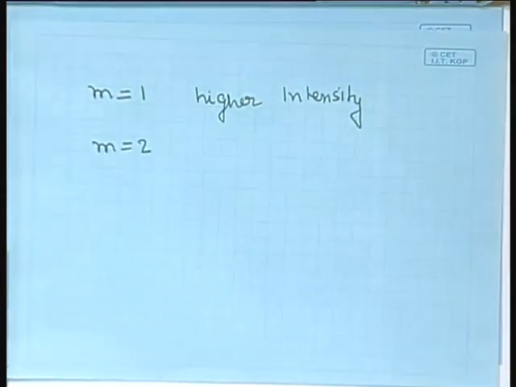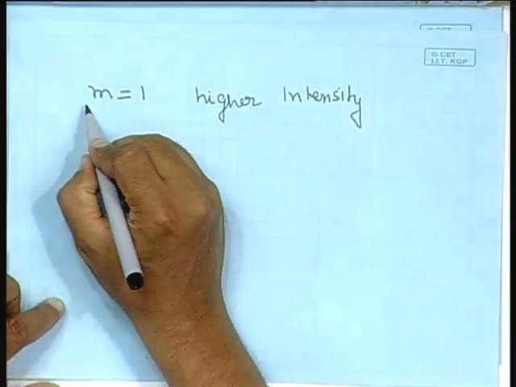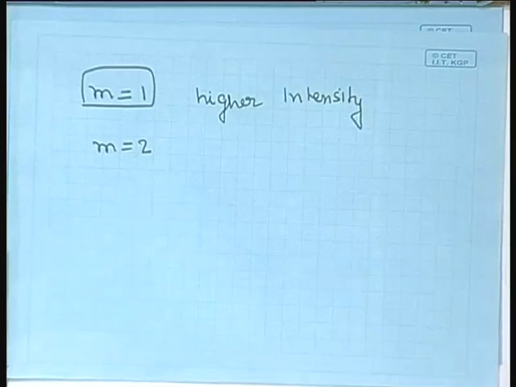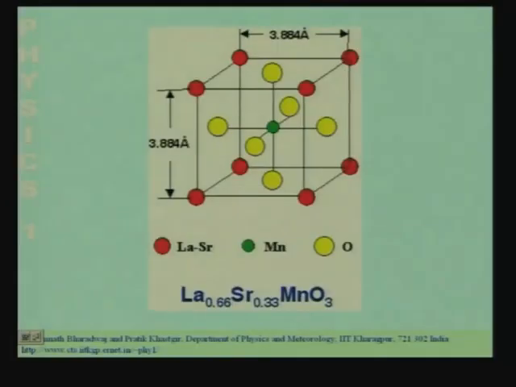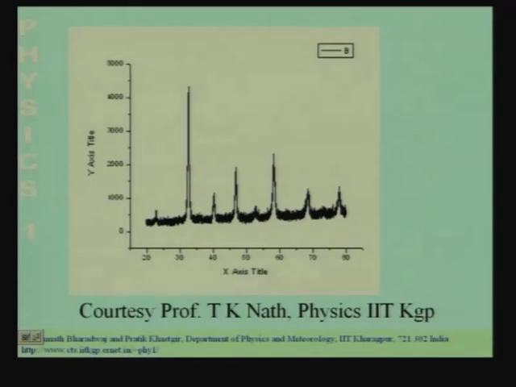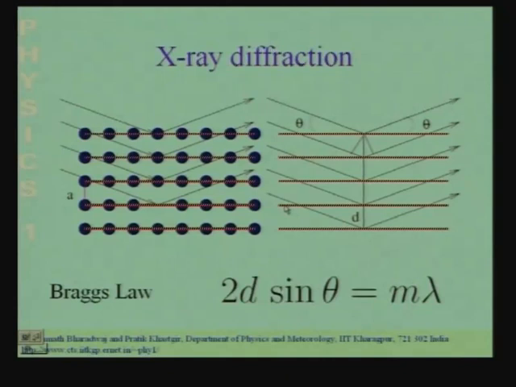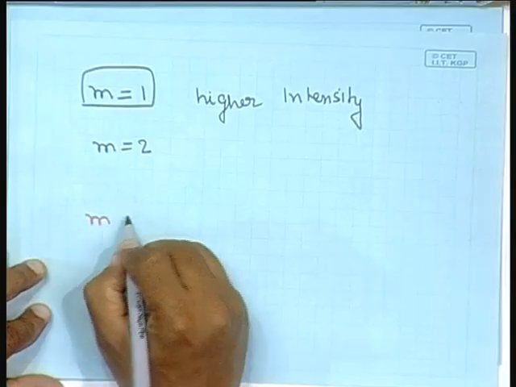So typically when you interpret the X-ray diffraction pattern, you can interpret the bright lines as being m equal to 1, which is what we are going to do over here. So experience with X-ray tells us that you are going to see mainly the first order maxima, and we are going to restrict our attention to m equal to 1.